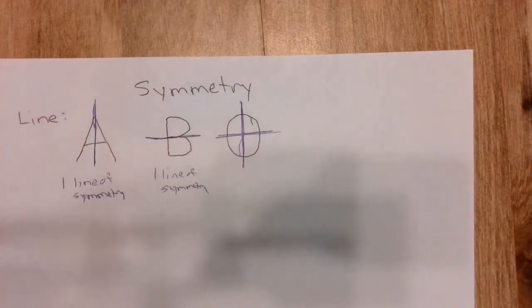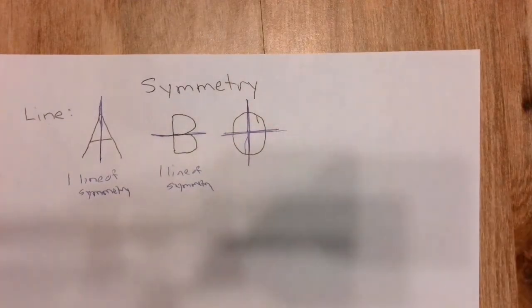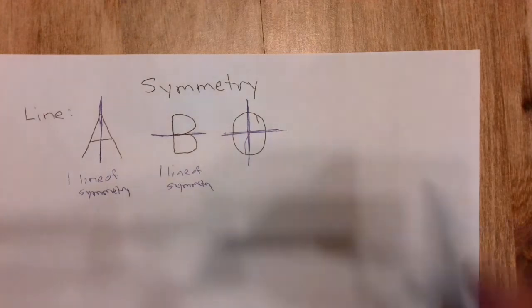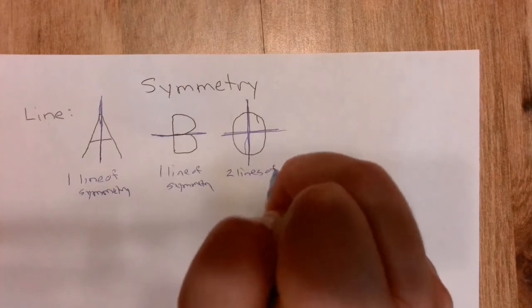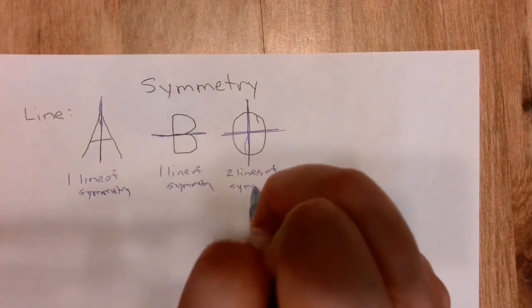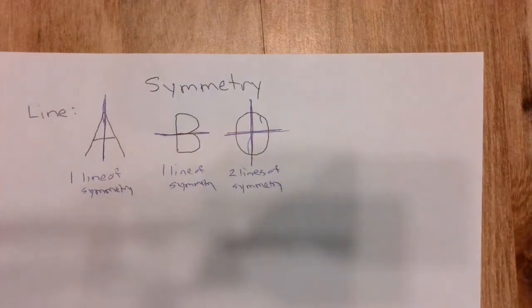You won't be able to fold it along the diagonal. They won't match up that way, but you could fold it vertical or horizontal. We would say that this one has two lines of symmetry. So you will be expected to be able to identify and draw lines of symmetry for shapes.